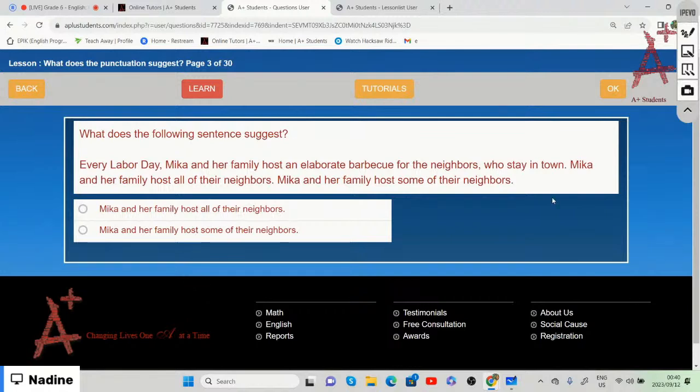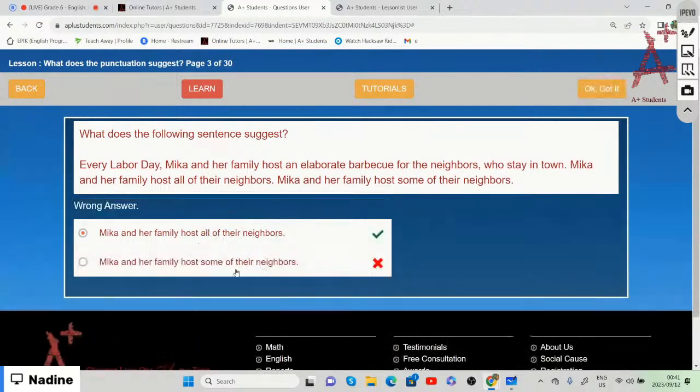So we can say that she invites some of her neighbors who stay in town. We can either say all of the neighbors, or in this case, some of the neighbors. In this case, it says all of the neighbors, right? So as much as it is all of the neighbors, remember only some of the neighbors come to these barbecues.